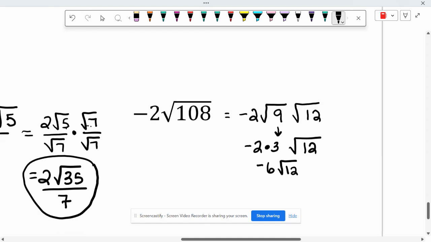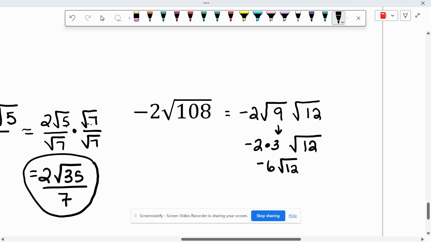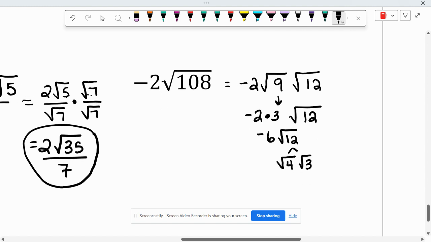What are some factors of 12? Are there any perfect square factors of 12? Yeah. So the square root of 12 is the same thing as the square root of 4 times the square root of 3. And I still have that -6 out front. What is the square root of 4? So I have -6 times 2 times the square root of 3. But what is -6 times 2?